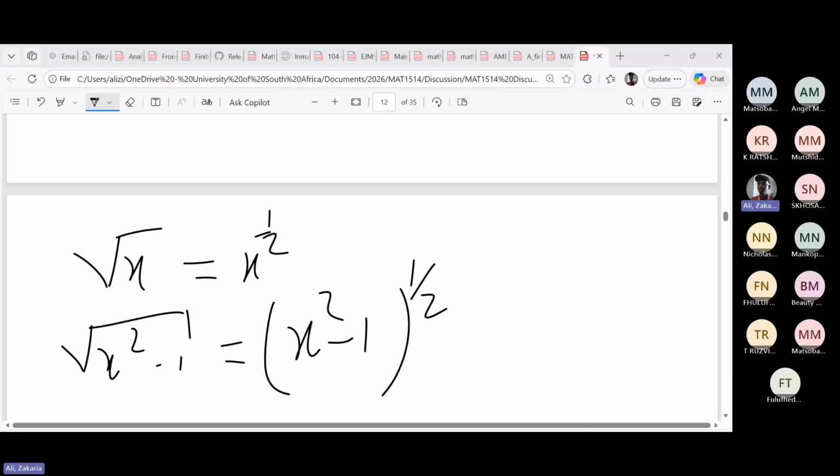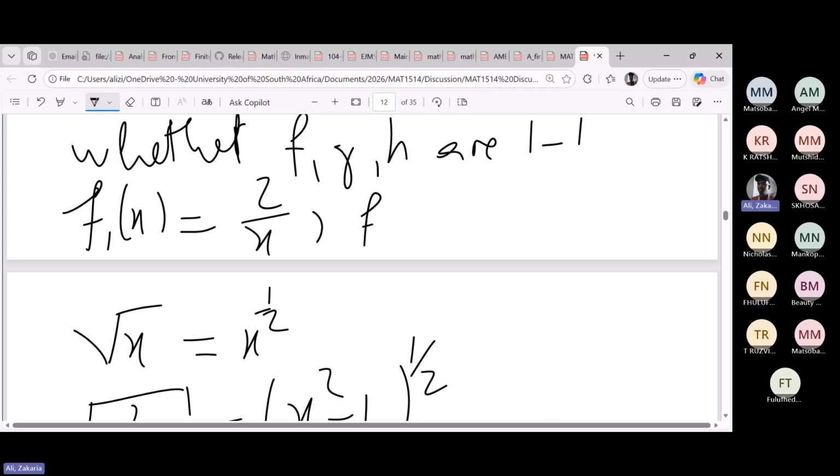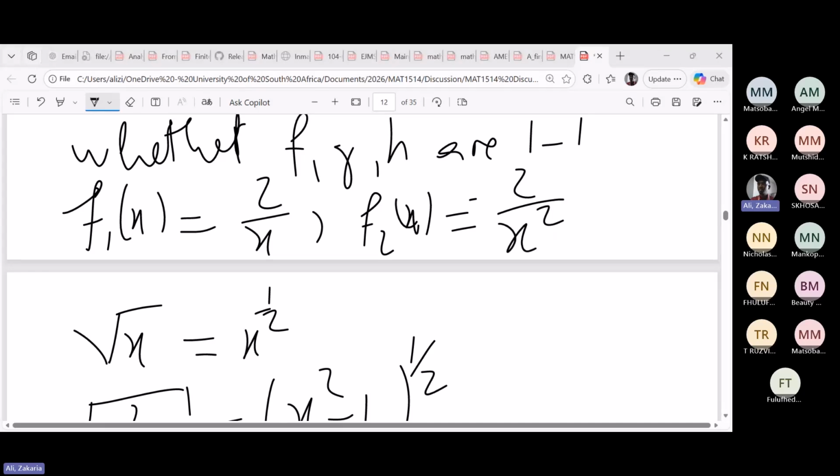Yes. So in fact, maybe I should give more homework. Let's say take f1 of x equal to 2 over x, and then f2 of x equal to minus 2 divided by x squared, something like that. So these are various different types that you need to look into.